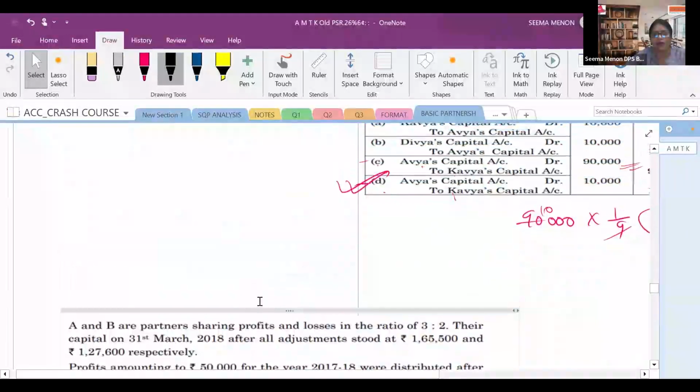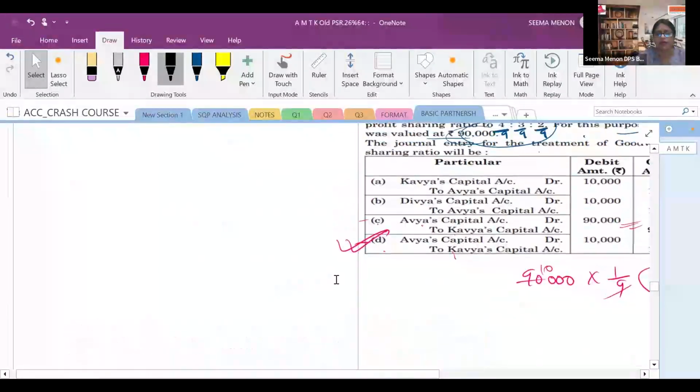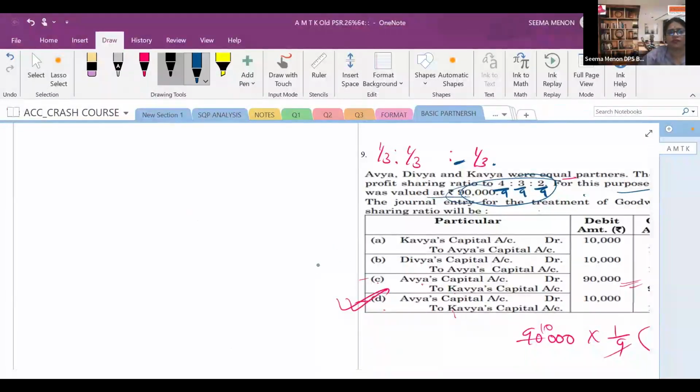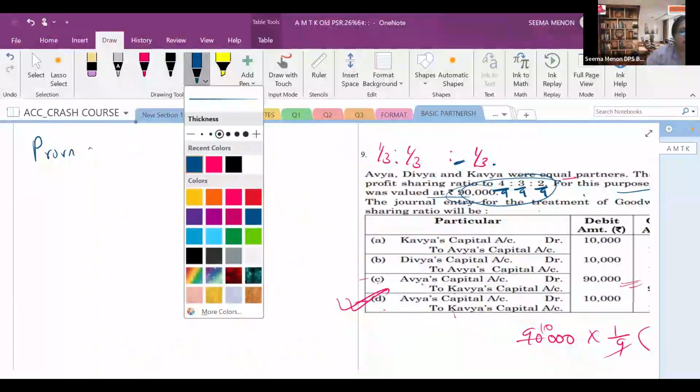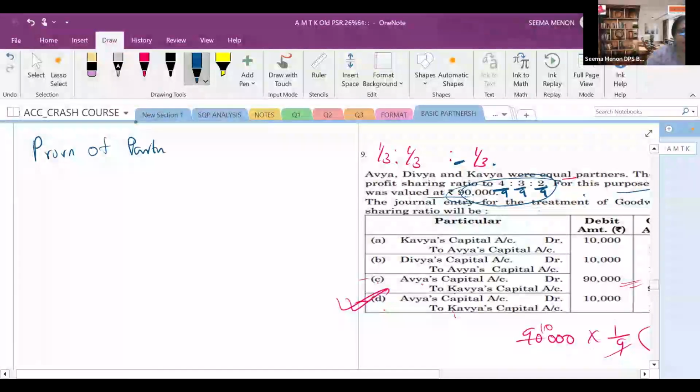Now, children, before going to this, again, I want to tell you more about the Provisions of Partnership Act. Indian Partnership Act 1932, as per that, there are few provisions.